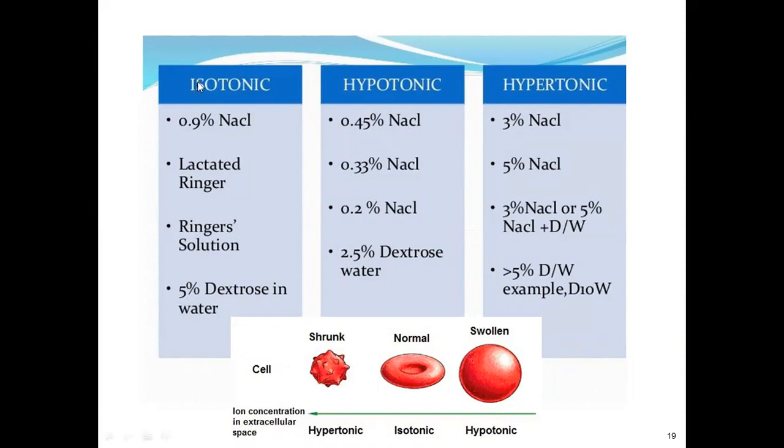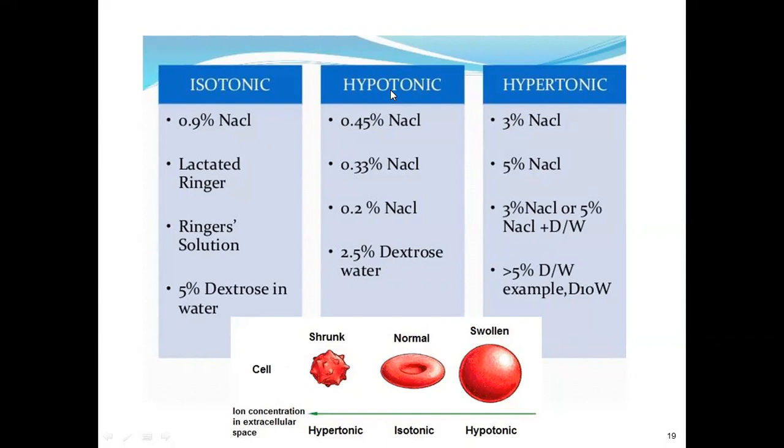Keep in mind, never give hypotonic solution to a patient with liver disease, burns or trauma, or a patient with increased intracranial pressure. If you give it to them, intracranial pressure goes up. Now, as I told you, 0.45, 0.33, 0.2 are less than 0.9 normal saline, while 2.5 is more than 0.9.